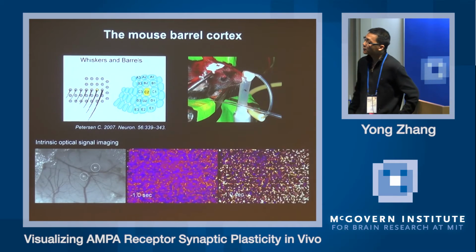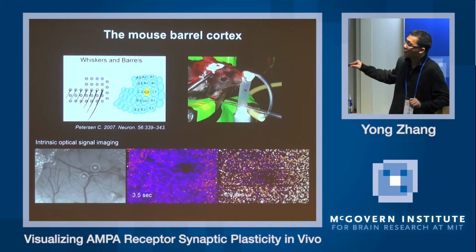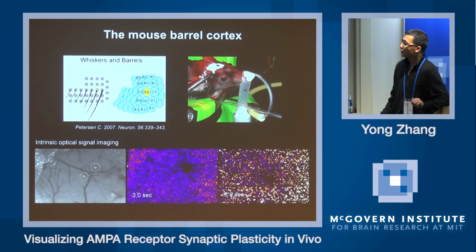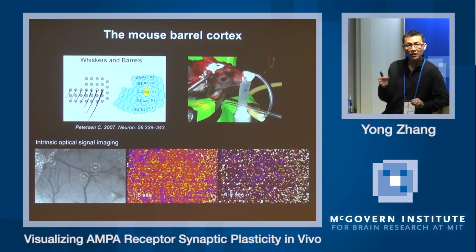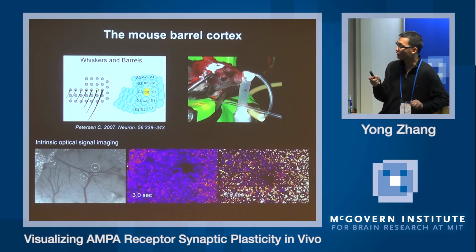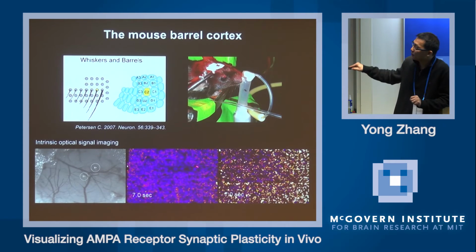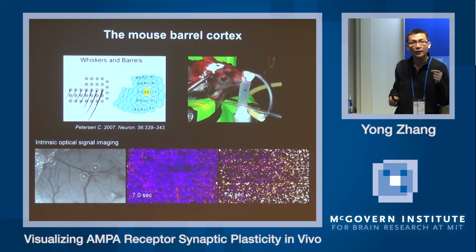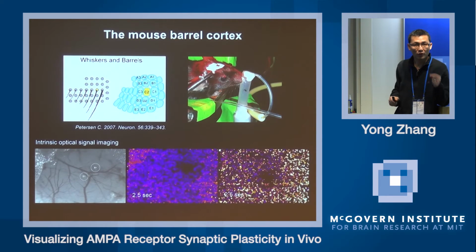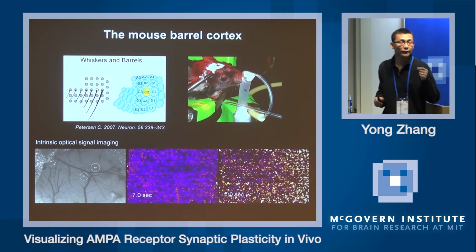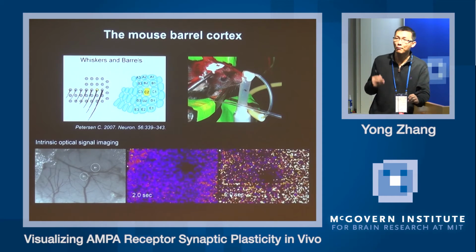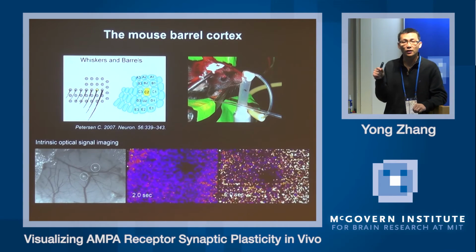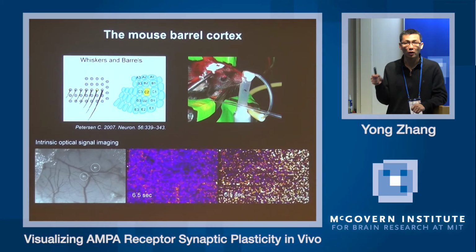Let me explain what we are measuring with intrinsic optical signaling. Here we are measuring the light reflectance of the brain surface. If you deflect a specific whisker, the neurons in its corresponding brain region will be activated, and the local oxygen consumption will go up. The consequence is an increased concentration of deoxyhemoglobin.